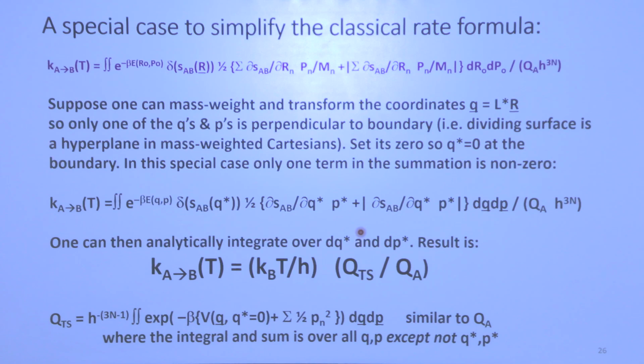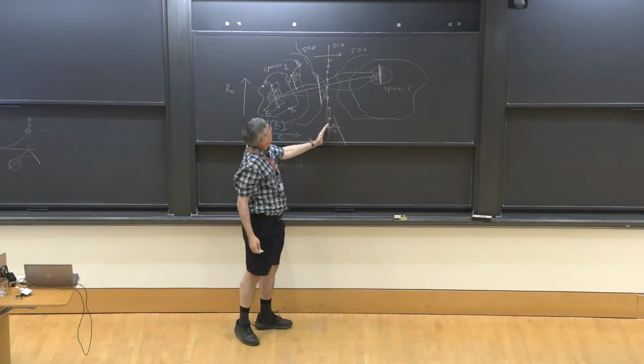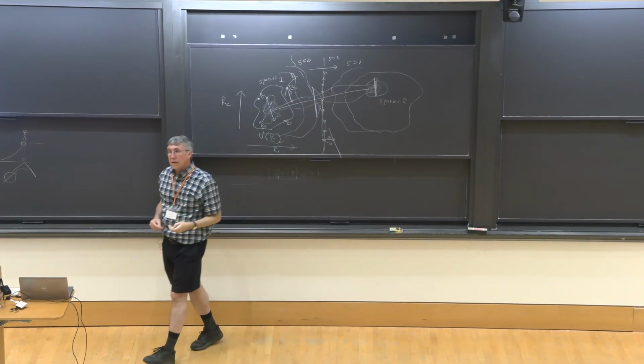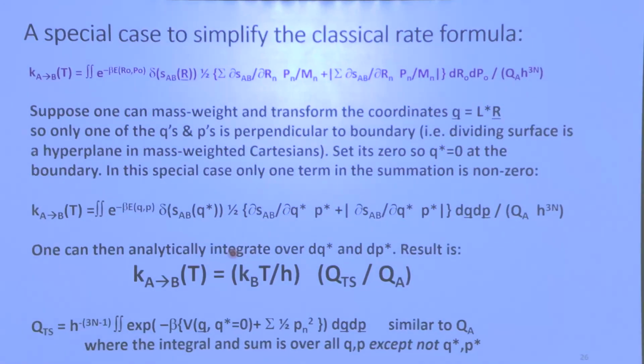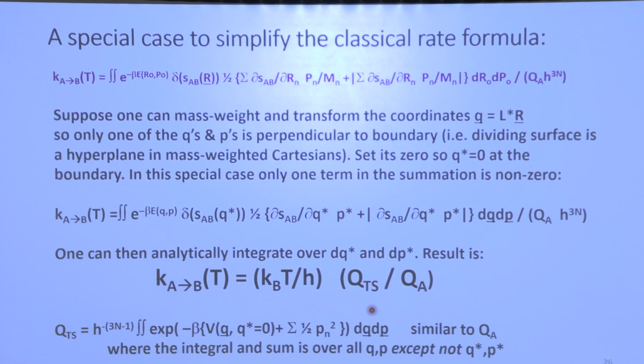With that particular case, if the dividing surface is a perfect flat plane, and if I make this definition of the coordinates, then I can actually solve the whole thing, and I end up with a very important equation. That's the transition state theory equation.